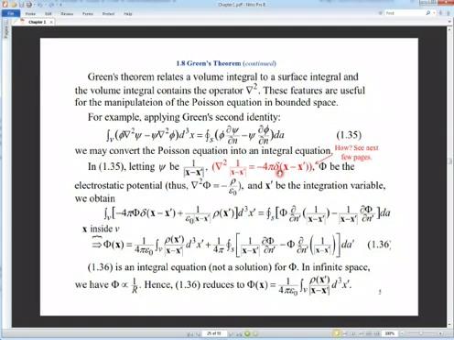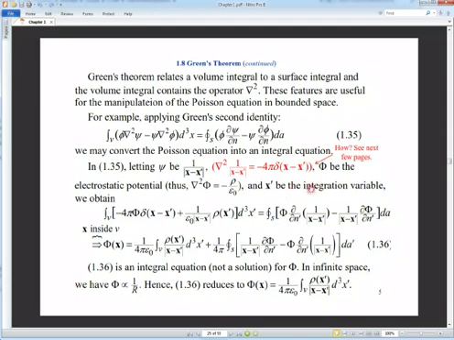I will let you know what the delta function is in the next lesson, inshallah, God willing. Okay, phi is the electrostatic potential in this equation. So Laplacian of phi is equal to minus rho over epsilon 0, as you know. I told you before in the last sessions.